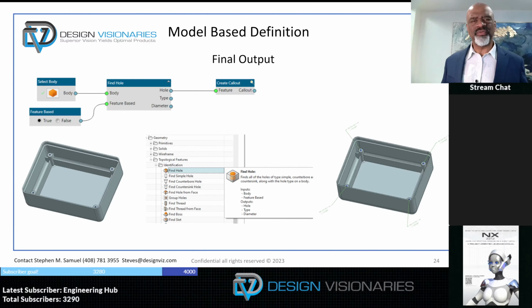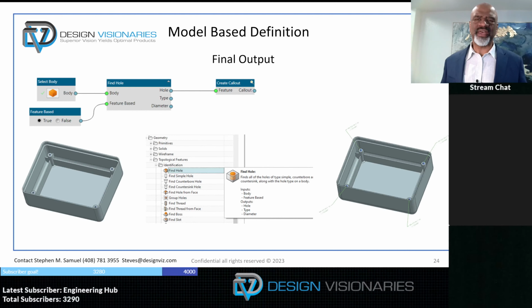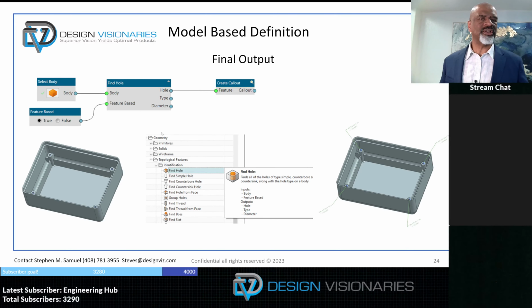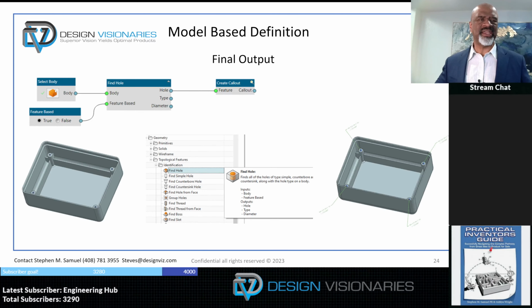But when you want to avoid that, when you want to save all of that time, it's fantastic to have these tools where you can program them or use the ones that just come with the software. For example, here you could use the find hole technique. You just do one click on your model, you feed it this body, and it goes through the different programming blocks.